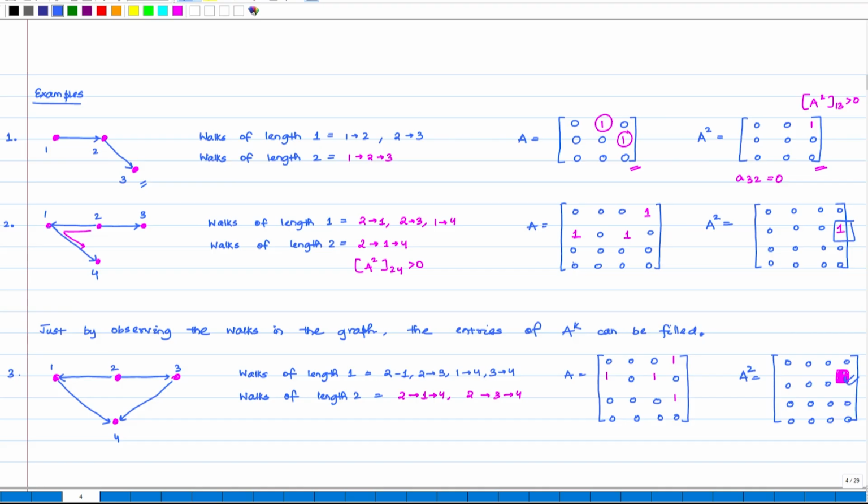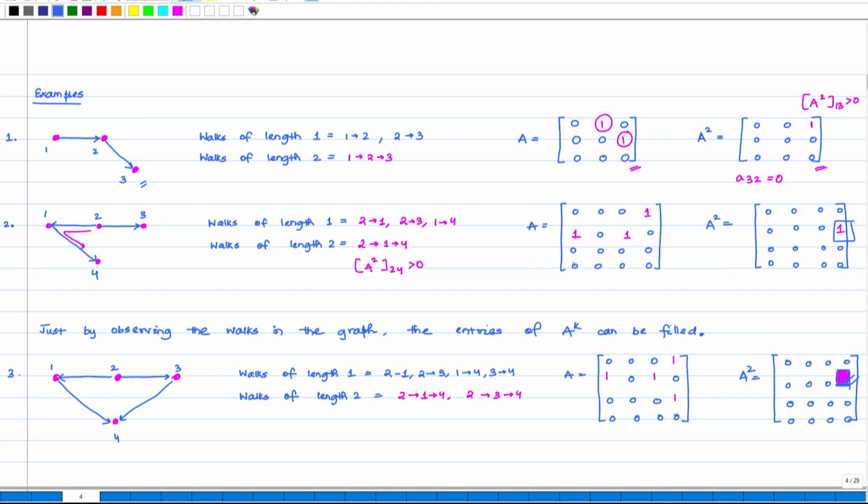And what does this value signify? Let us try to answer this question. We know that if it is greater than 0, there exists a walk of that length, but does the value actually mean something, or when does the value actually mean something?